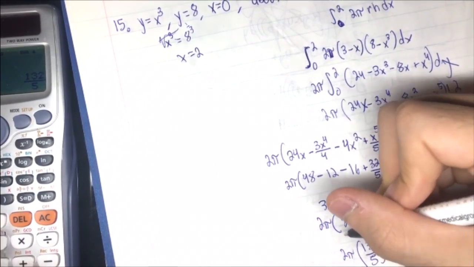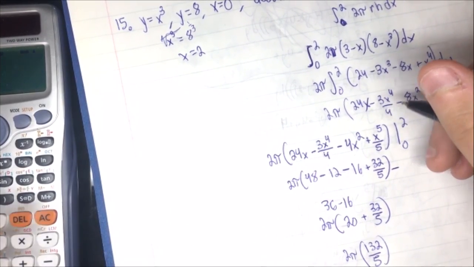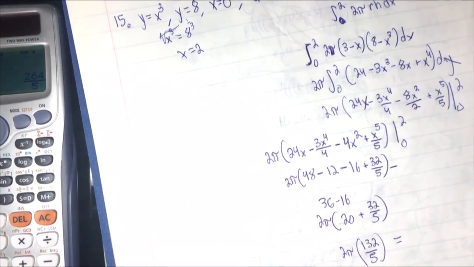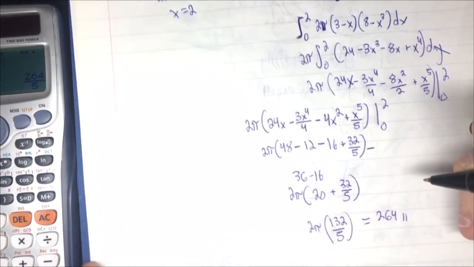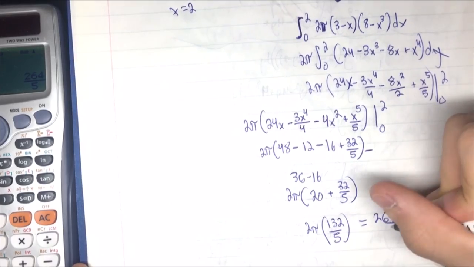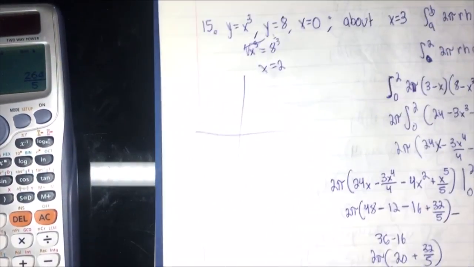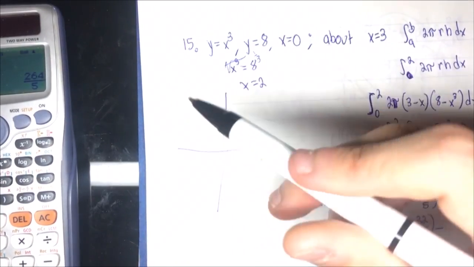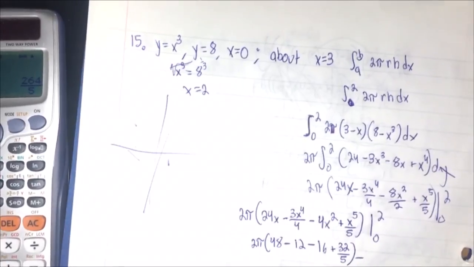So we're still multiplying it by 2 pi. So 132 over 5 times 2 is 264. So the final answer is 264 pi over 5. And that's how you do the problem, except for the graph part, which is the most important part that I do not understand how to do. So if anyone knows how to do that, please help me out.